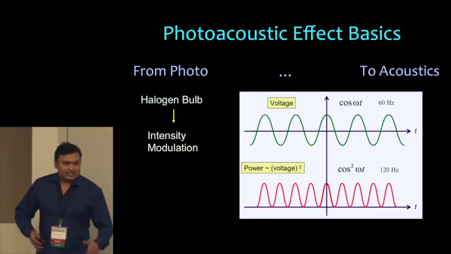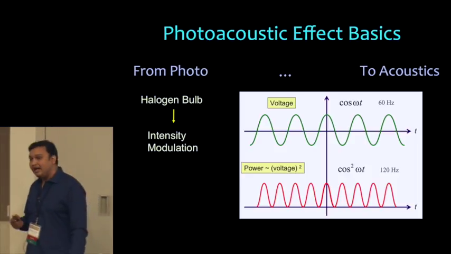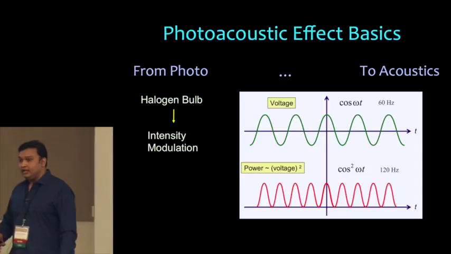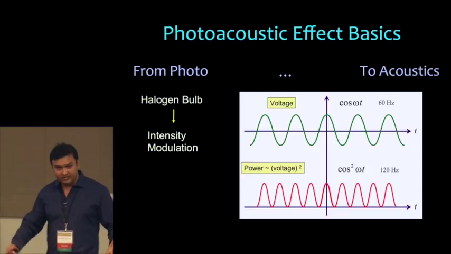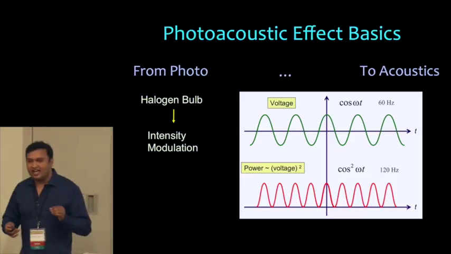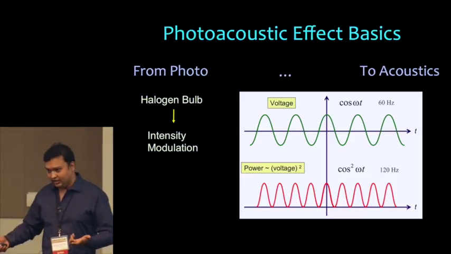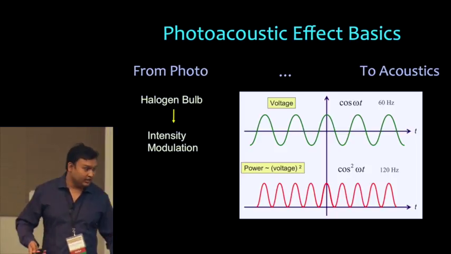Essentially, in this particular example, everything started with the halogen bulb, right? As the halogen bulb is powered by alternating current, and here in the US the frequency is 60 hertz, the brightness of the halogen bulb is getting modulated at twice the frequency of the alternating current, which is 120 hertz.